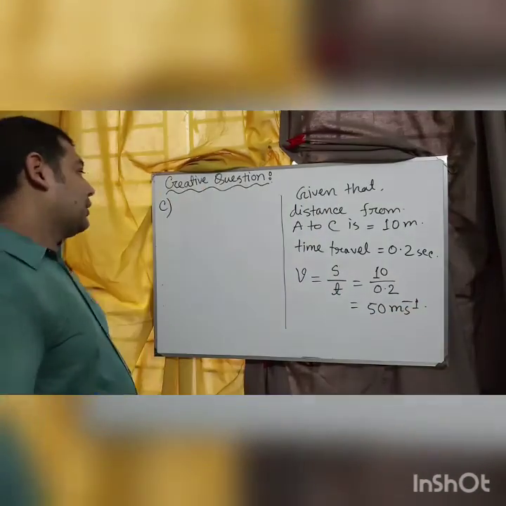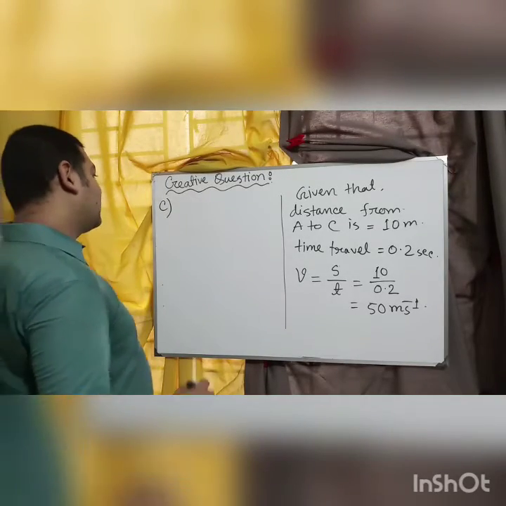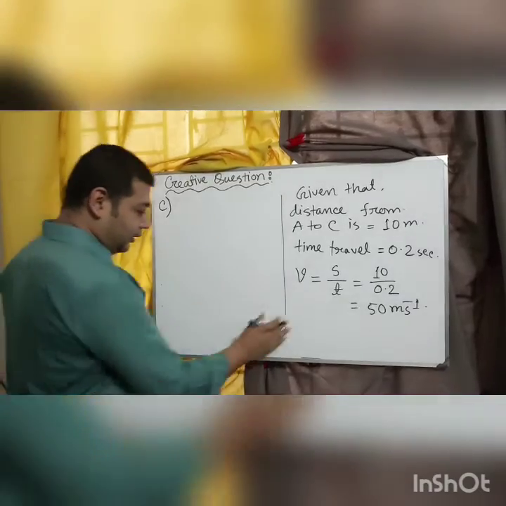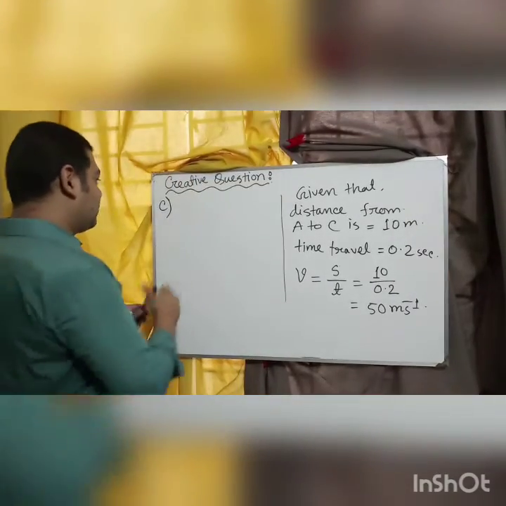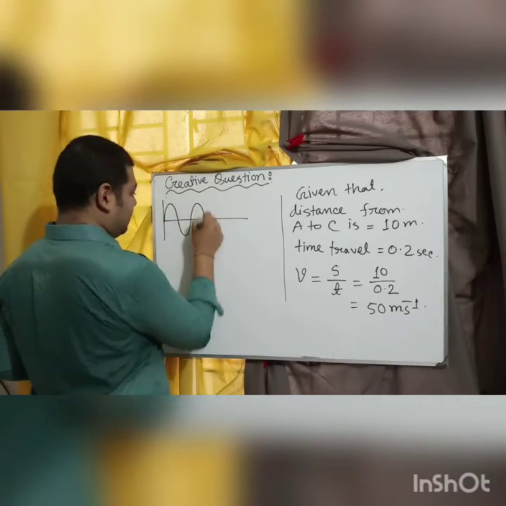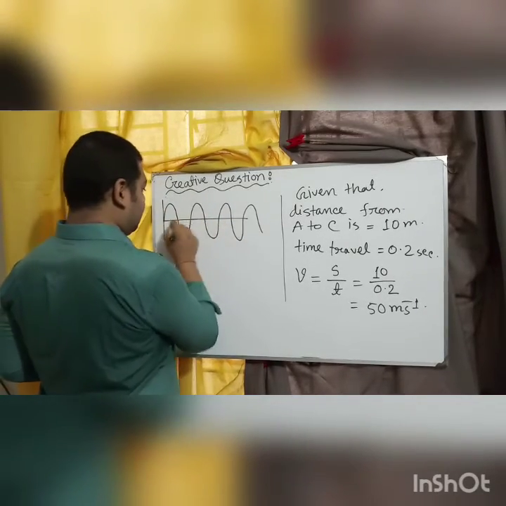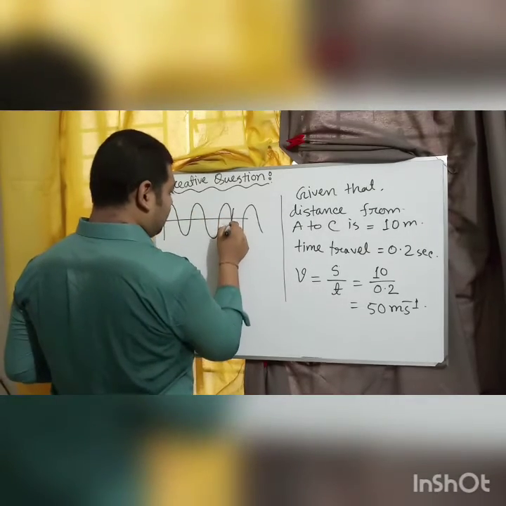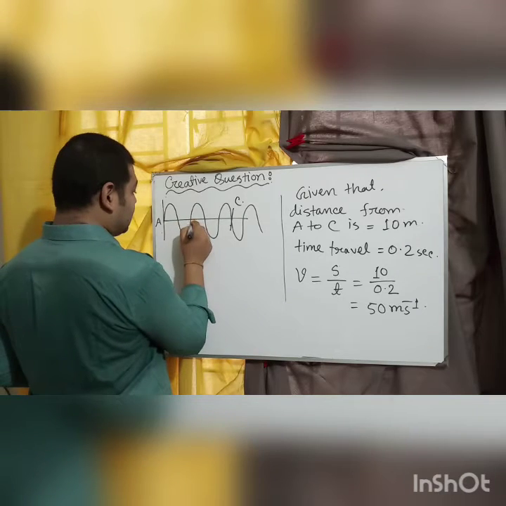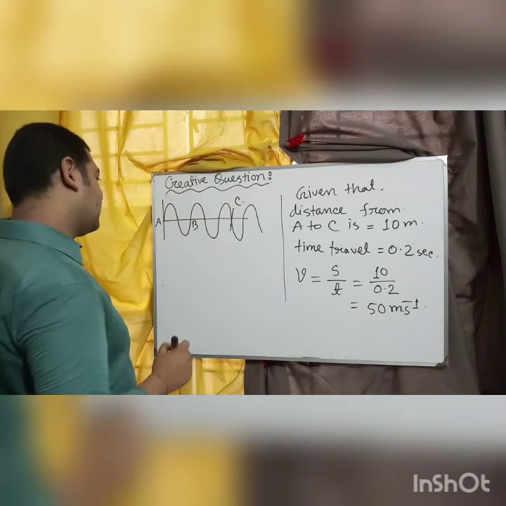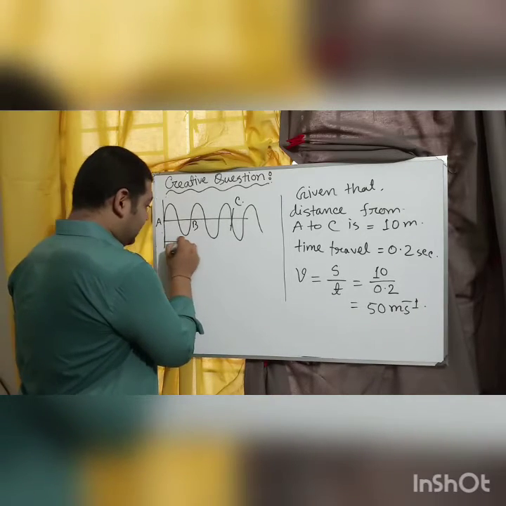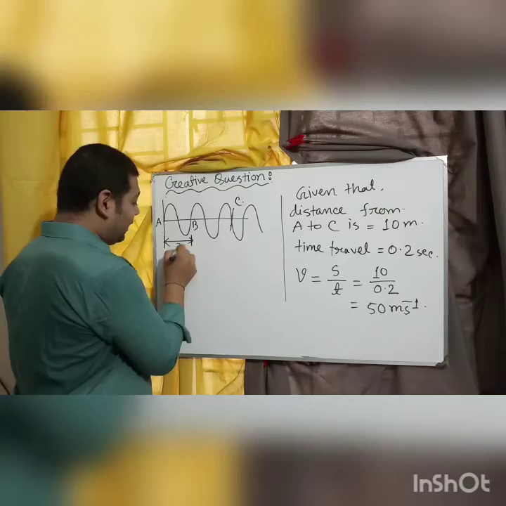Then from the figure, this is A, this is B, and this is point C. This distance is called a wavelength.